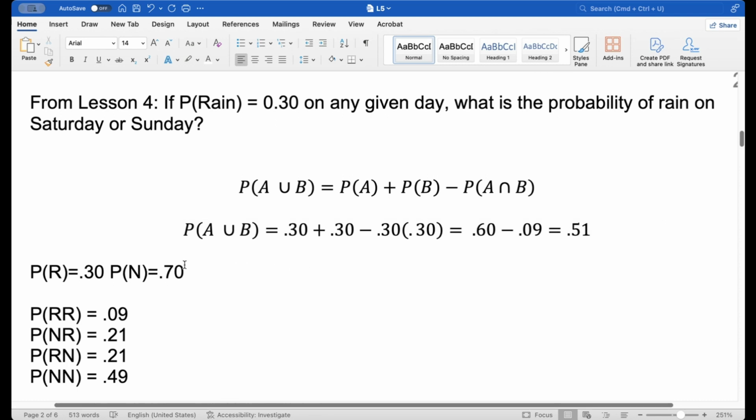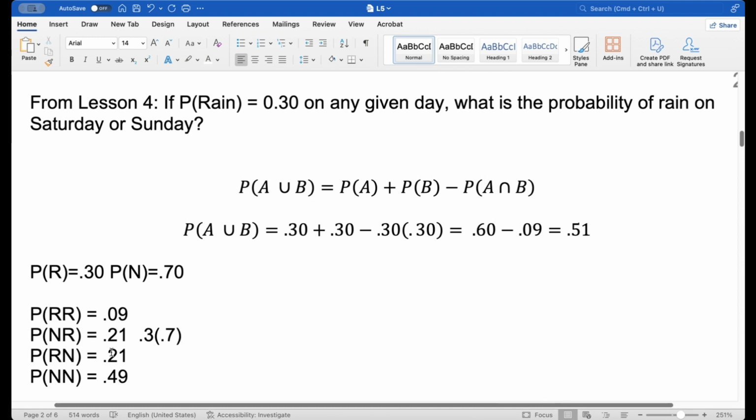The probability of rain is 30%. The probability of no rain is 0.70, the complementary event, 1 minus 0.30. So if you went out case by case, rain on both days is 0.09. Rain on exactly one day is 0.21 because you're doing 0.3 times 0.7. Same thing for the other order. Rain first on Saturday and no rain on Sunday is also 21%, 0.21.